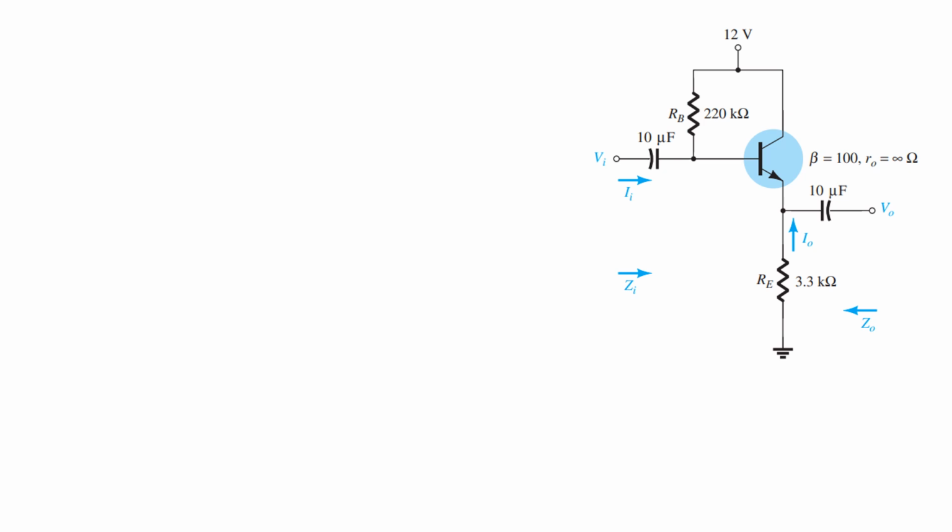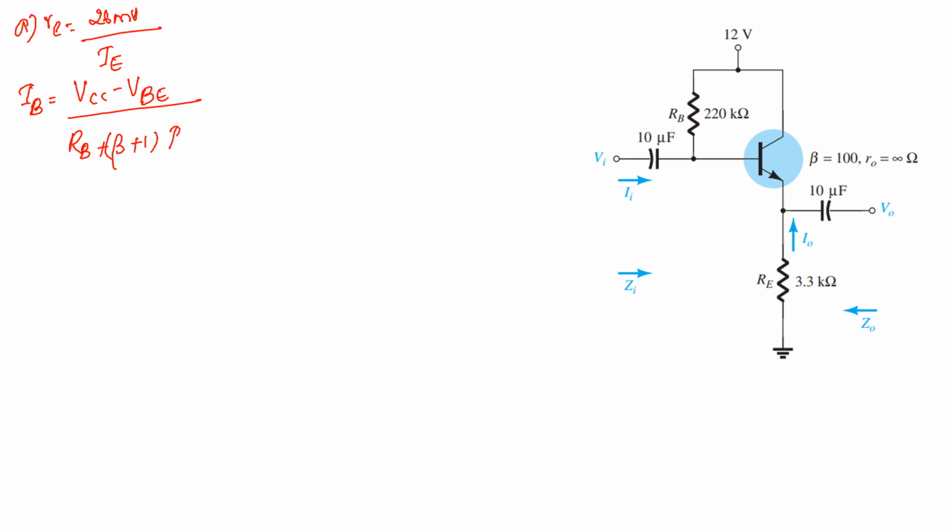Let me go to the first part, that is finding out the value for Re. Re, you know the value: 26 millivolt divided by IE. In order to find IE, you have to find your IB. Under DC bias condition, the formula for IB is VCC minus VBE divided by RB plus beta plus 1 into capital RE. VCC in the given problem is 12 volt, minus VBE, which you know is 0.7.